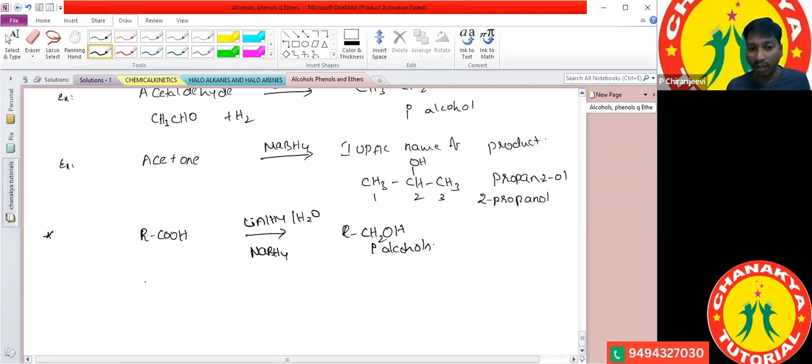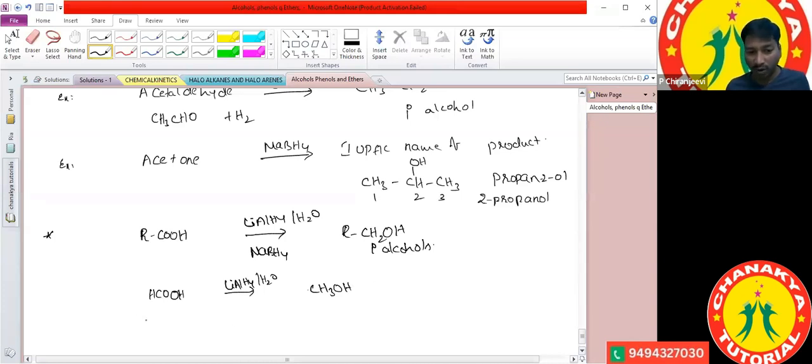Sir, what is the example for that one? Formic acid. What is the molecular formula of the formic acid? HCOOH. If it is reduced with lithium aluminum hydride, it is converted into CH3OH.